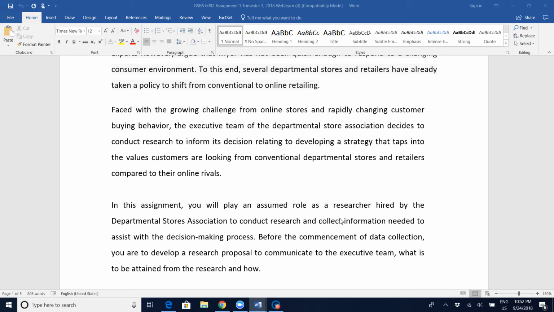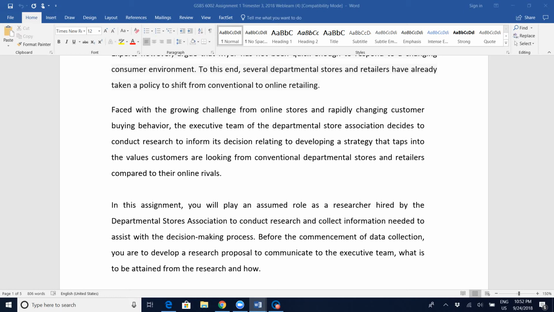So in this assignment, you will be asked to write a research proposal on how the research will be conducted to find out the values customers are looking for in conventional stores compared to their online competitors.